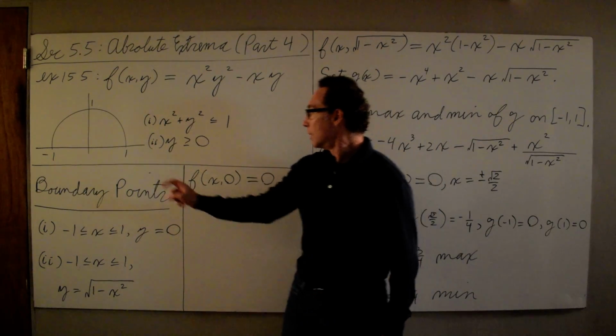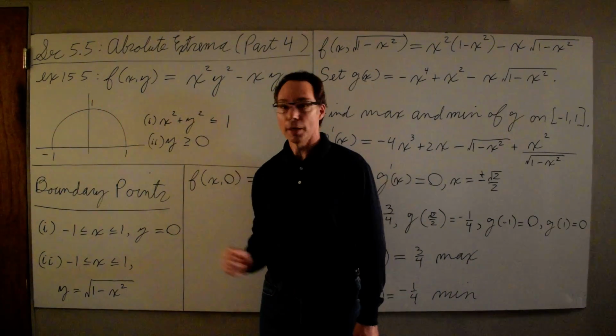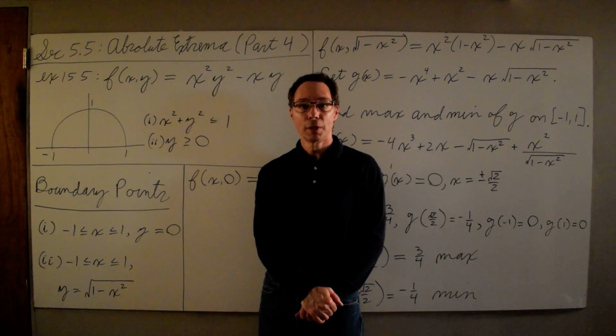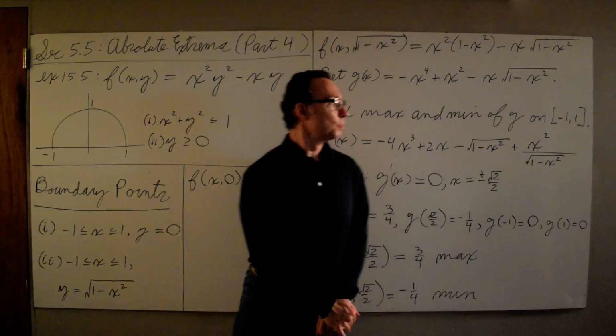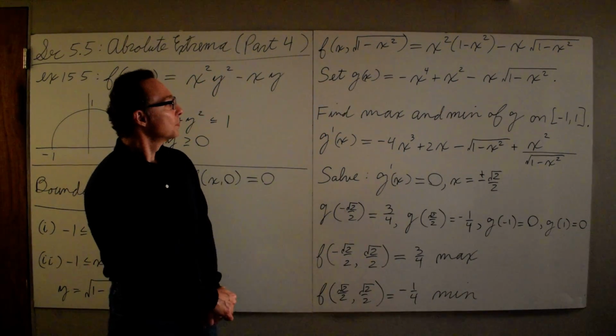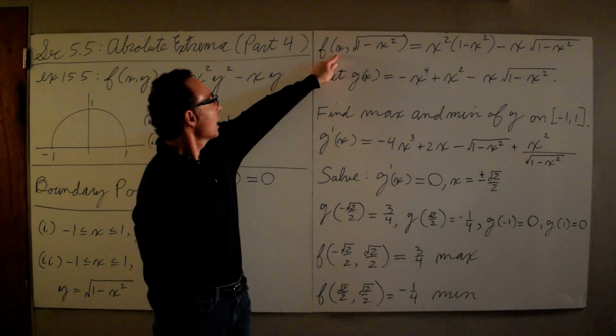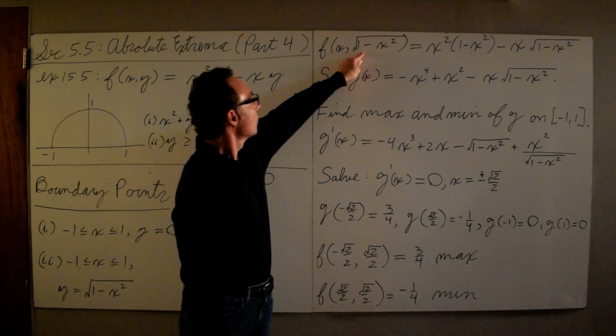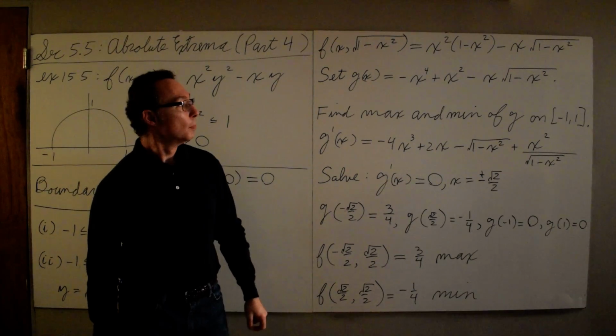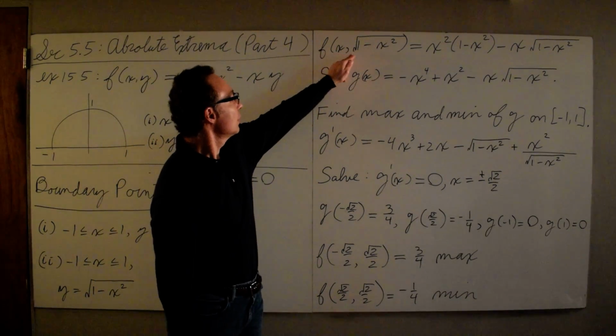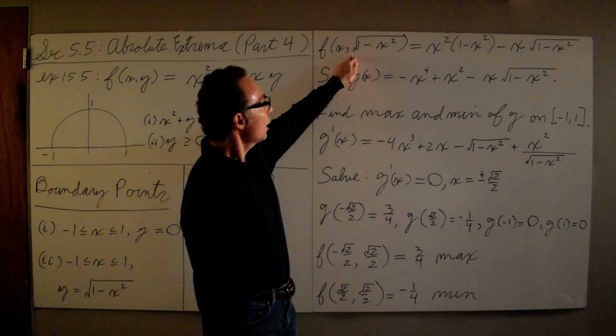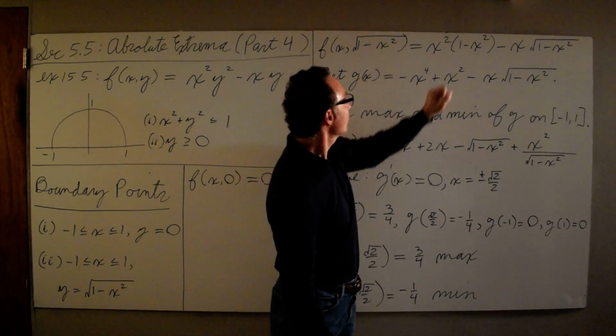Testing this boundary is going to be a little intensive algebraically. So let's look at what happens with f(x, √(1 - x²)). We substitute these into f, and this is our result.